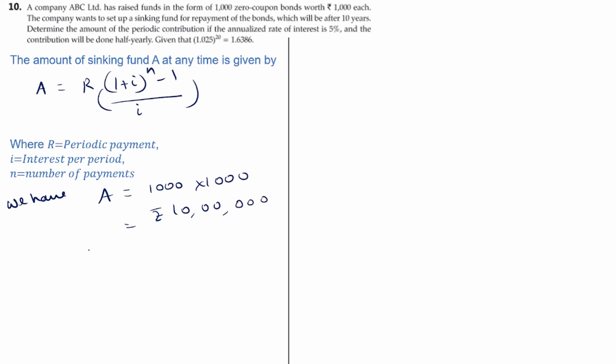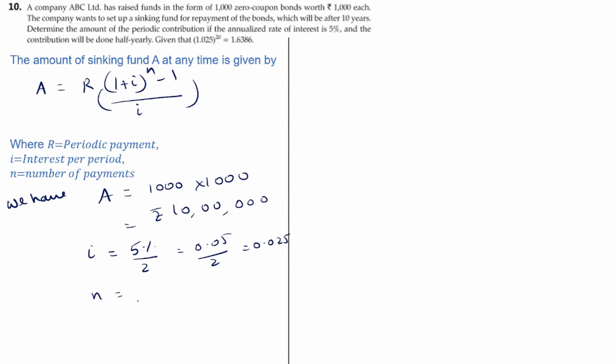And then the interest per period I is 5%, and it is done half yearly. So 5% by 2, which is 0.025.